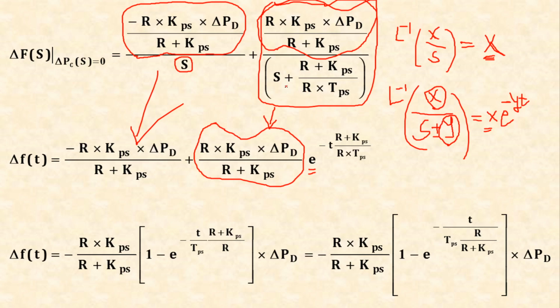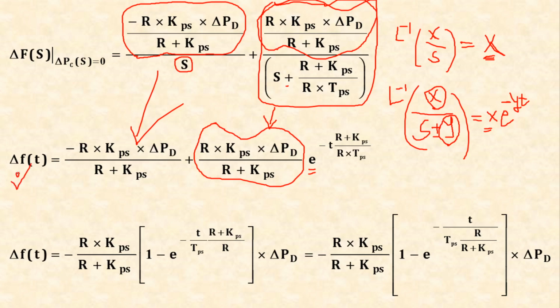If over here plus sign, then there will be a minus sign. If here is minus sign, then we will put the plus sign. So, this is the value of t multiplied with this term r plus kps upon r into tps. So, with this we will find out the inverse Laplace.